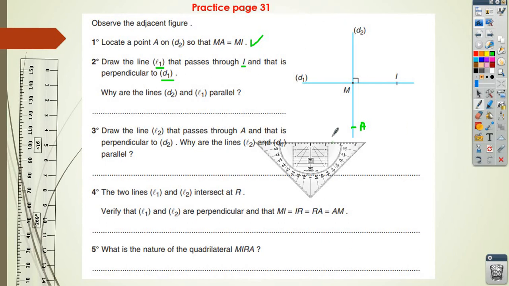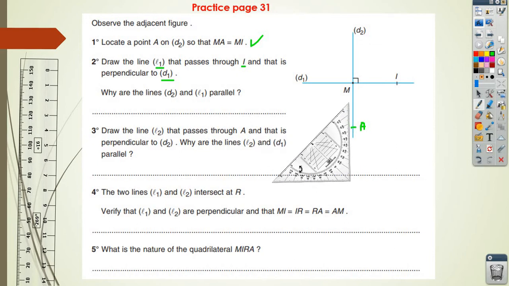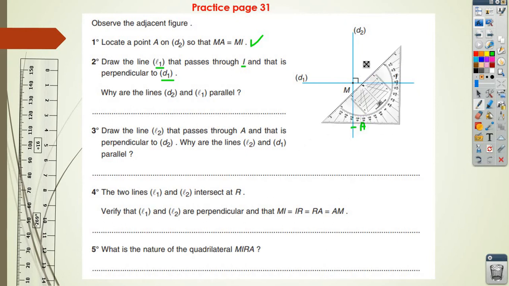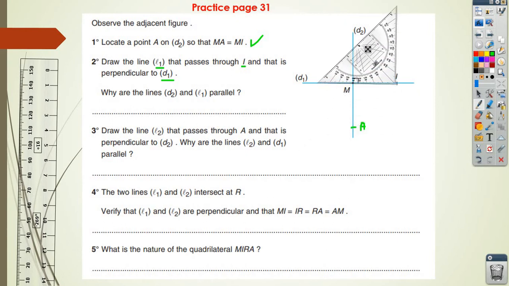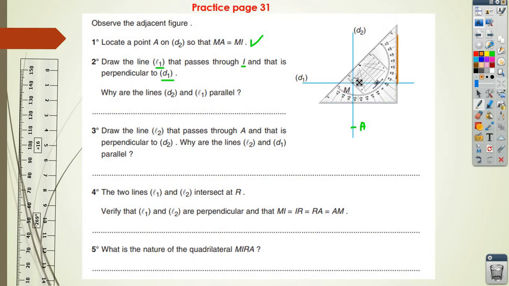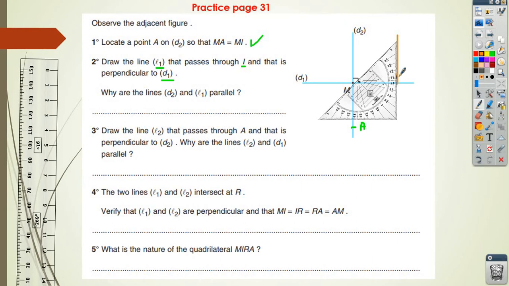So I draw the perpendicular line L1 from I. I fix the set square on the line D1, put it on the point I like that, and make a perpendicular line. So put your set square on the point I exactly on the line D1. Make the perpendicular line L1. I make the perpendicular line passing through the point I, and make it taller.